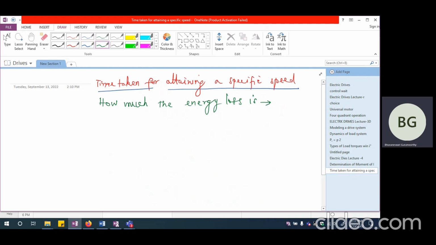So how do we go about calculating the time taken for acceleration? We normally write half J omega square is the energy stored in the rotational system.